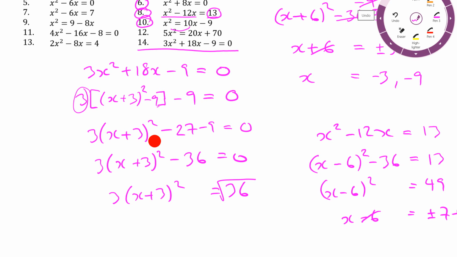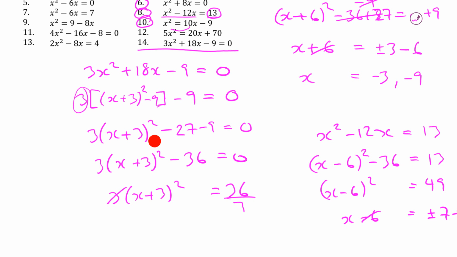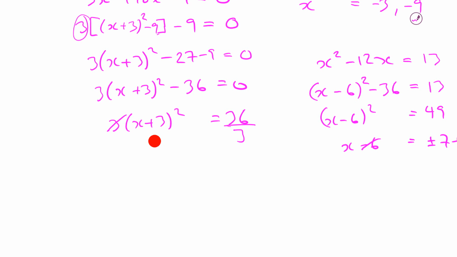So just divide it by 3 first. Very clever. Which is 12. And then you square root both sides. Let's put a plus or minus just to remind ourselves that it means two things.